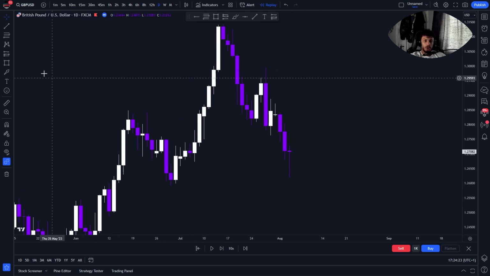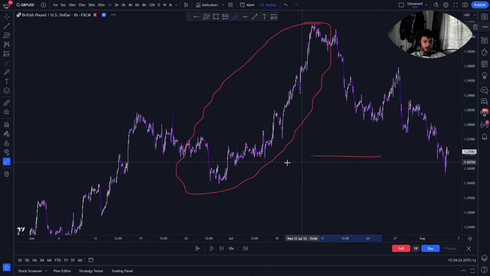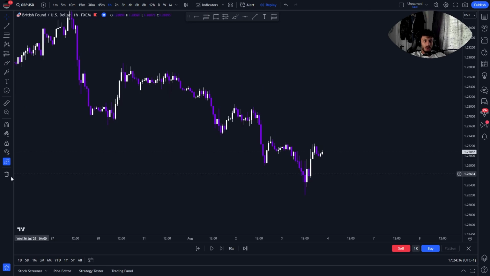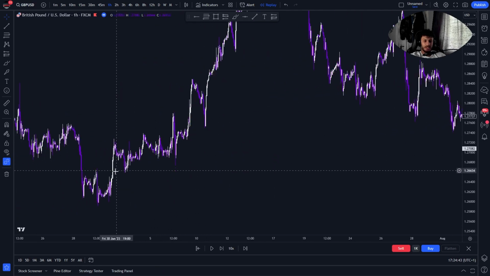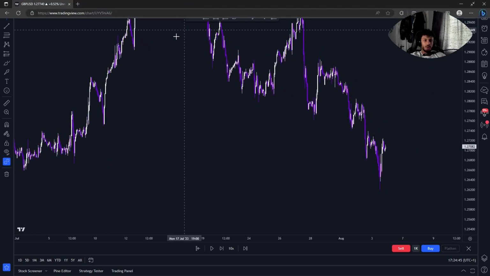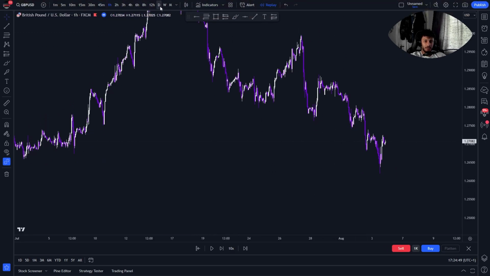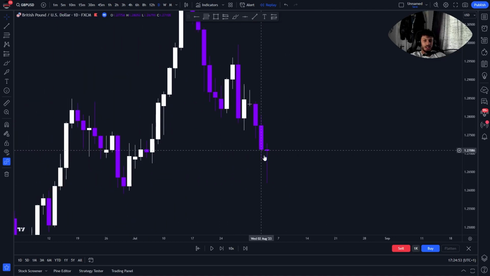To recap, we're not only trying to be aware of the market structure on the higher time frame, on the previous range where we could potentially find support to the left, but we also have to be aware that in order for any of these lows, any of these areas to hold, I need to look at the daily time frame and see, is it giving me some rejection signs, rejection confirmations, and essentially a market structure shift?